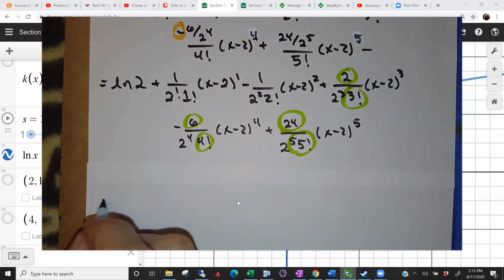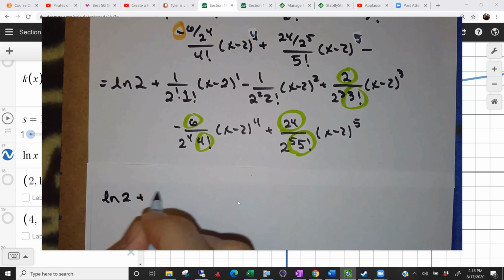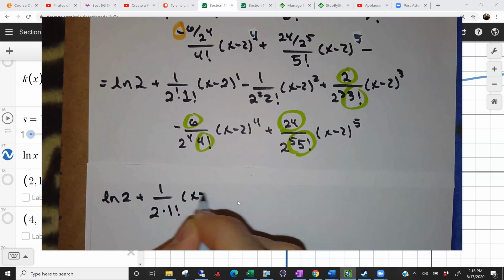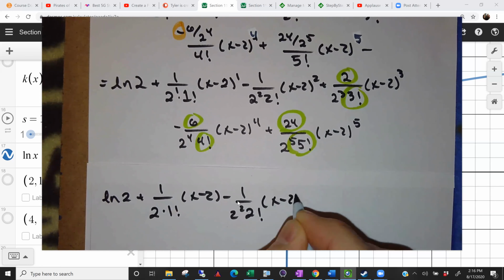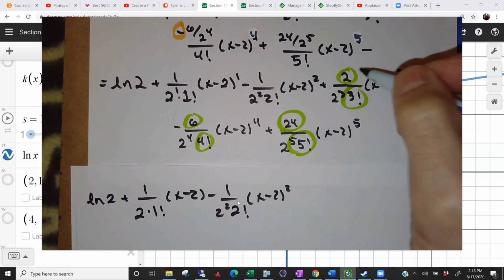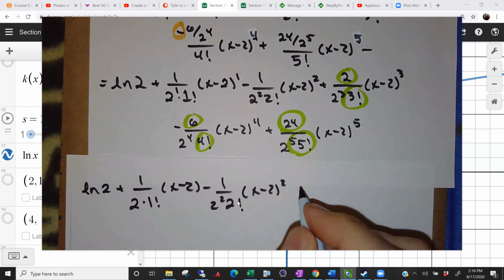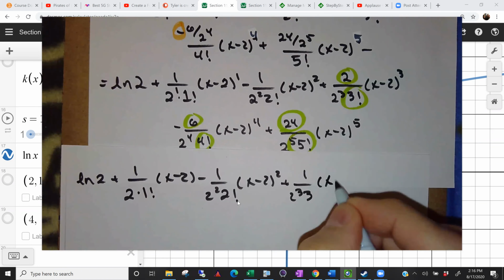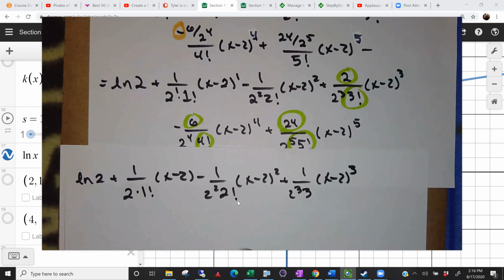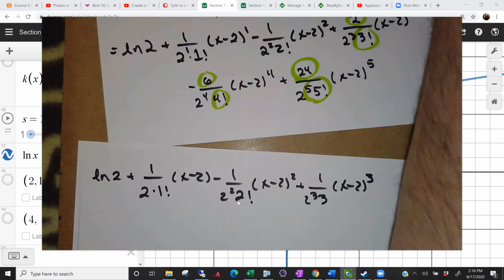All right, so this is going to be ln of 2 plus 1 over 2 times 1 factorial, x minus 2, minus 1 over 2 squared, 2 factorial, x minus 2 squared. That and that will cancel, leaves me with plus 1 over 2 cubed times 3 times x minus 2 cubed. And I think I'm starting to see the pattern here.